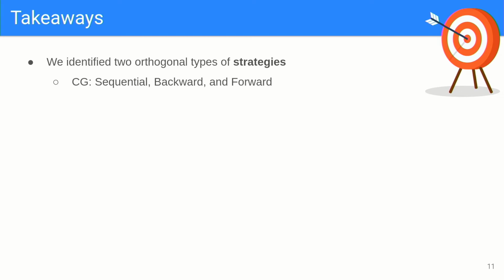Okay, the last slide, the takeaways. We identified two orthogonal types of strategies. The first one with respect to the call graph: the sequential, the backward, and the forward. The second one with respect to the interprocedural control flow graph: depth-first, breadth-first, and the hybrid.